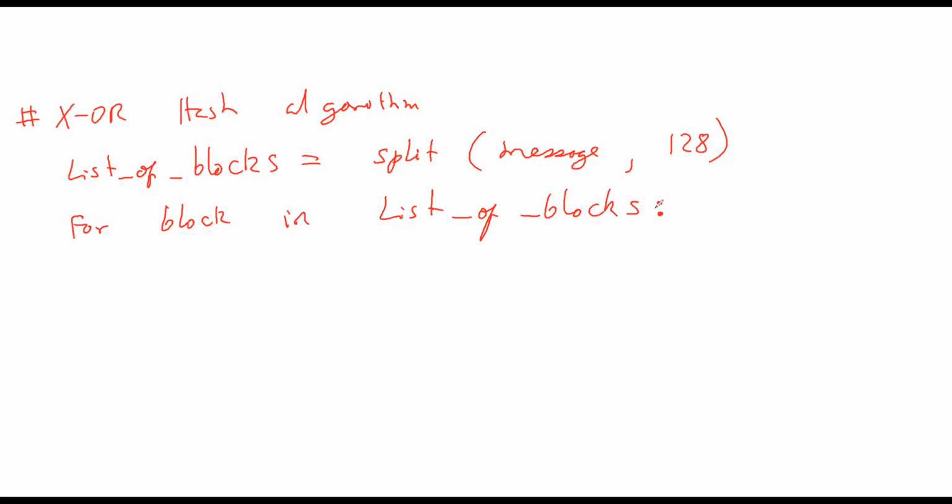This function split would be a good place to do the padding. So for completion I'm going to say comma, padding equal true. Inside the split function, I'm always going to check the size of the block, and if one block is less than 128, I'm going to pad it.